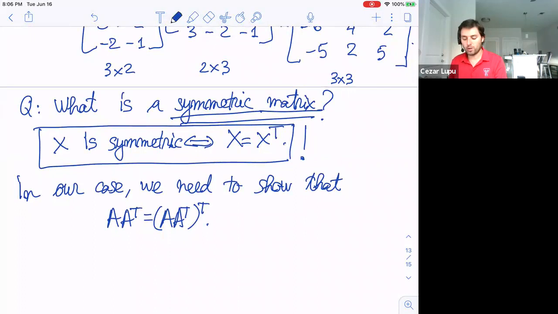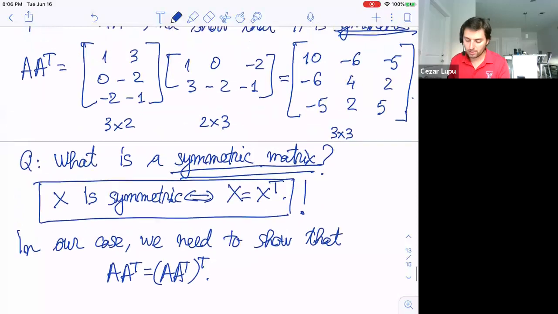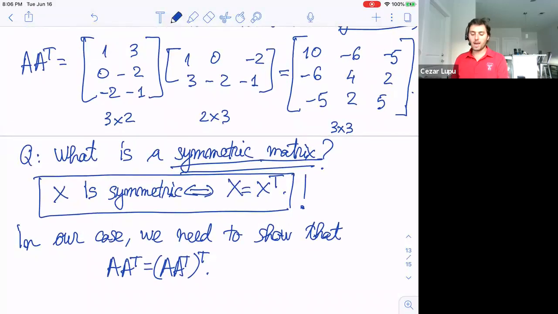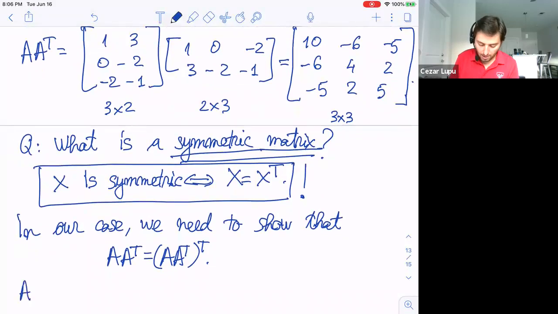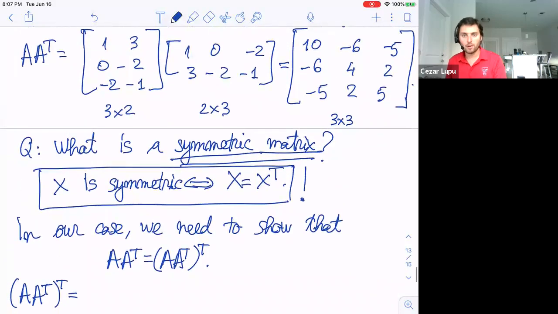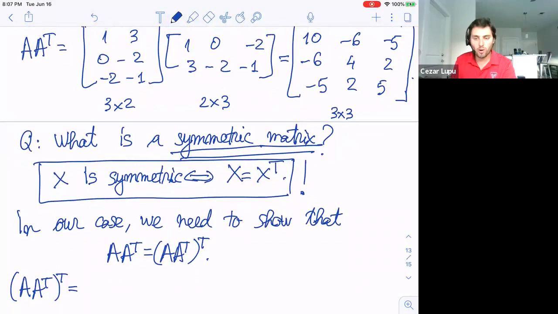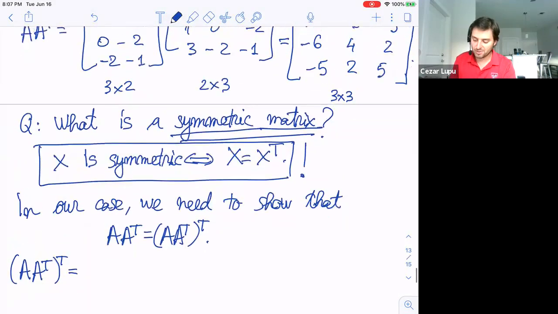So what do you think? Let's look at the matrix again, AA transpose, everything transposed. If we look at this 3x3 matrix and transpose it, you see that the first row is the same as the first column, so there is no problem.